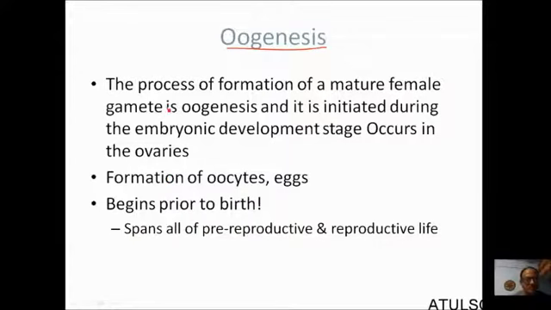Now this is very important. It starts at the embryonic stage and it occurs in the ovaries. It begins prior to birth. Before the birth, the process of oogenesis starts.